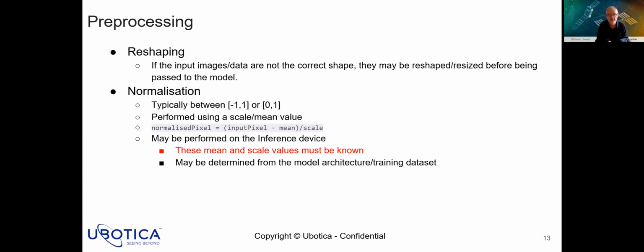In Python, this is how it might look. We will provide filters that will enable that to be done on the AI processor itself, but these mean and scale values need to be known, and sometimes trying to extract that out of the training framework is a bit of a challenge.